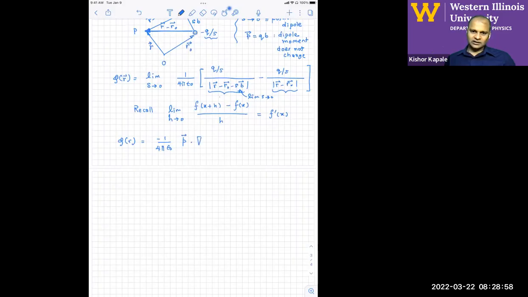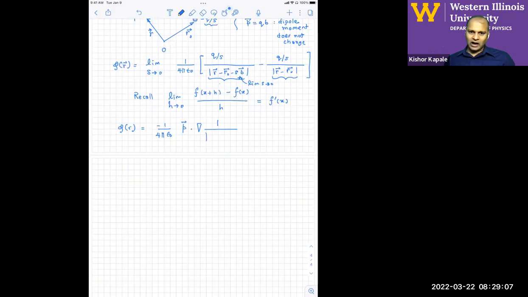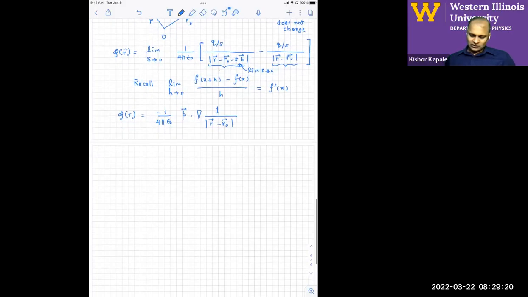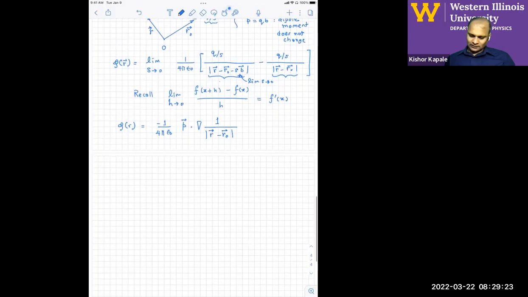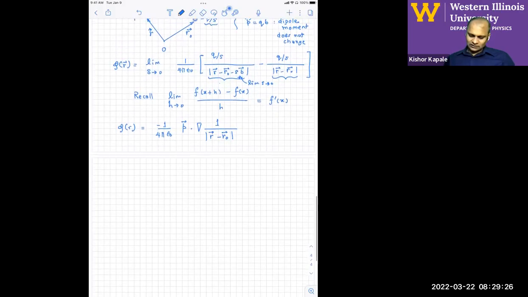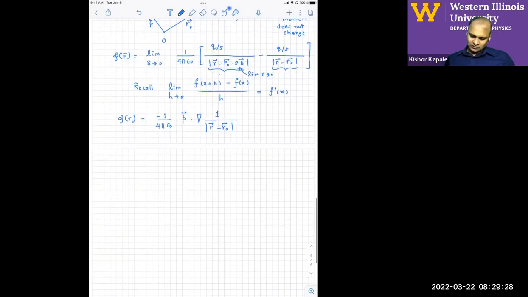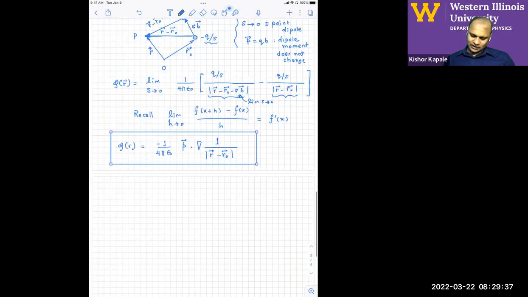And then you have the gradient, which is the three-dimensional derivative, because the functions are functions of r, not just one coordinate x. You have a gradient as opposed to a single derivative. So what you basically need is the gradient of 1 over r minus r0, and that is dotted with p. Okay, and so that's the dipole potential. That's the point dipole potential.